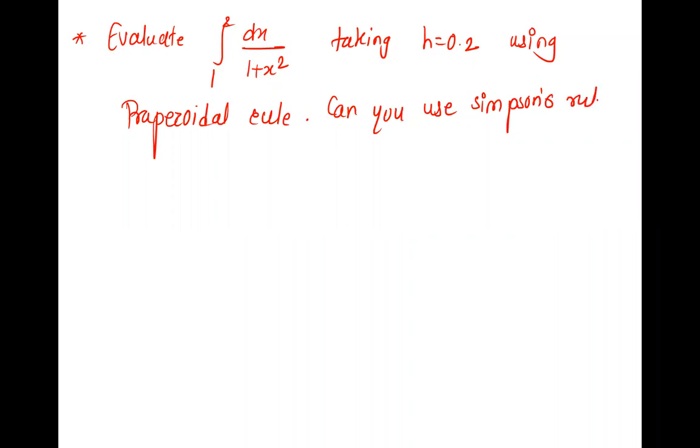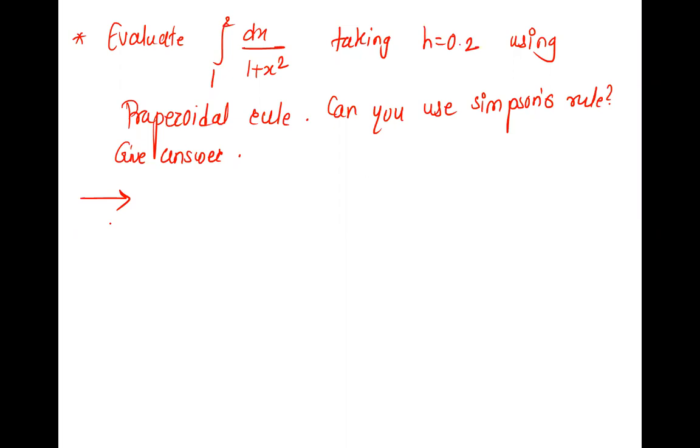Give answers. Okay, so given is the integration and h is given to you, and it is asked to solve by trapezoidal, and the question is, can you use Simpson's rule also? Yes or no, and you should justify.